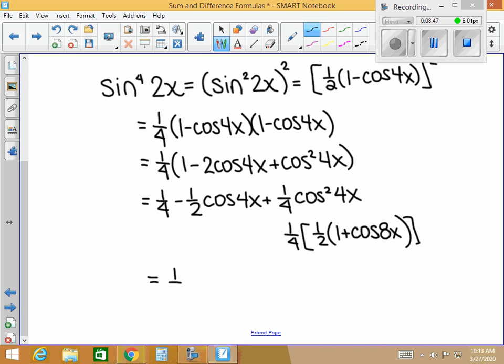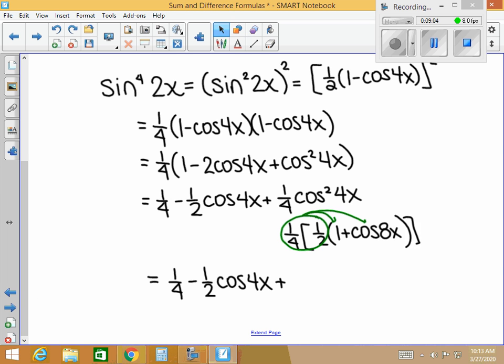So now I'm going to bring everything together. Hopefully I'm not being too confusing in my notation here. But notice if I distribute this 1/8 to here and 1/8 to there, I have 1/8 plus 1/4 cosine 8x.